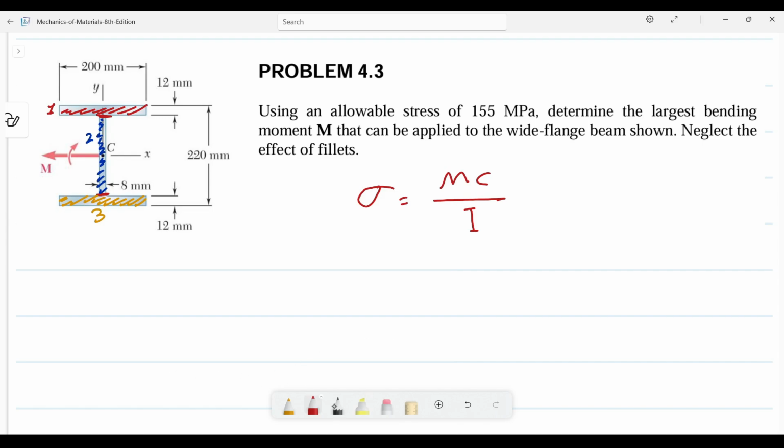According to the formula we have for moment of inertia, for a rectangle, I is equal to 1 divided by 12 b multiplied by h to the power of 3 plus area multiplied by d to the power of 2.